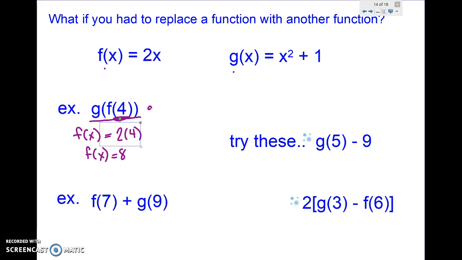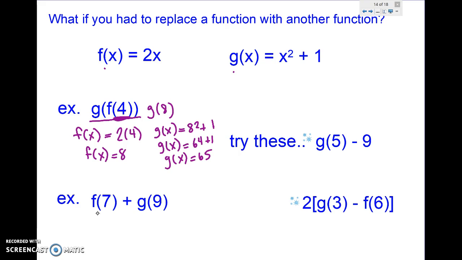So instead of f of 4, I know f of 4 is 8, and I'm going to plug that into my g function. So g of x equals 65. So g of f of 4 is 65.